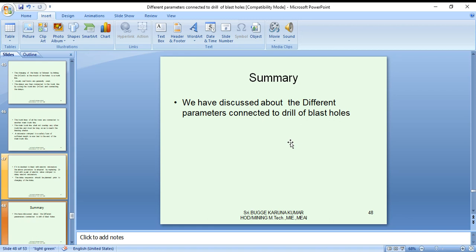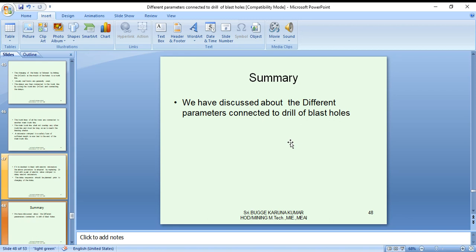The different parameters connected to drill blast holes. Drill blast holes means making the holes with the drill, and what pattern you are drilling is one of the important parameters, whether you are using a sequential square pattern or a stagger pattern. Another thing is how you fire these holes, which is also a challenge.